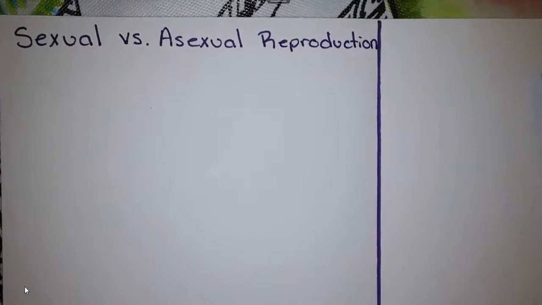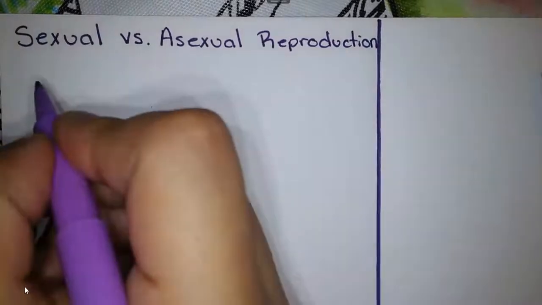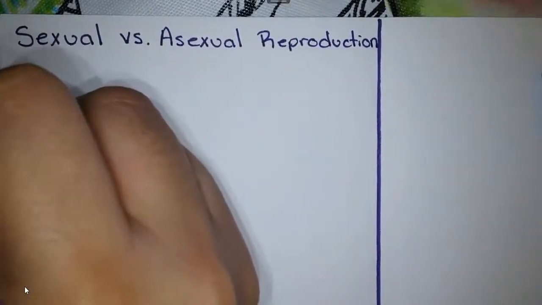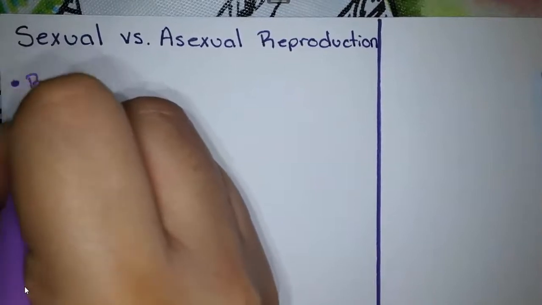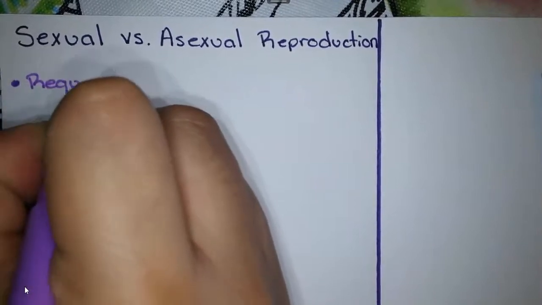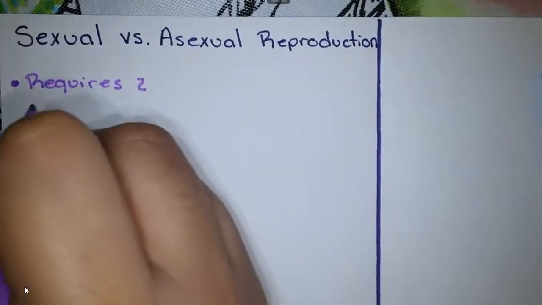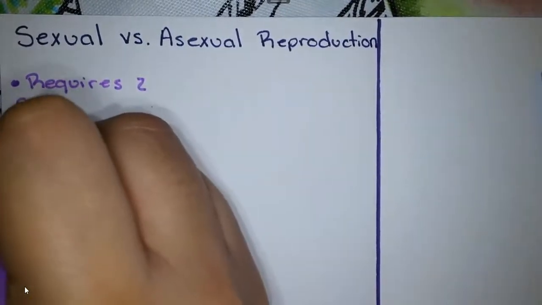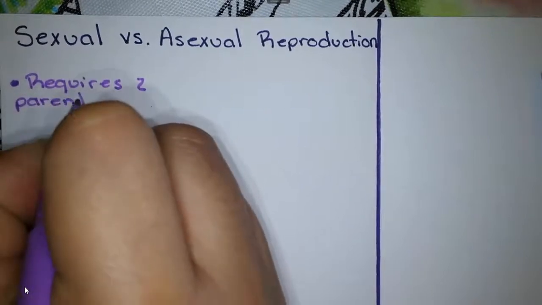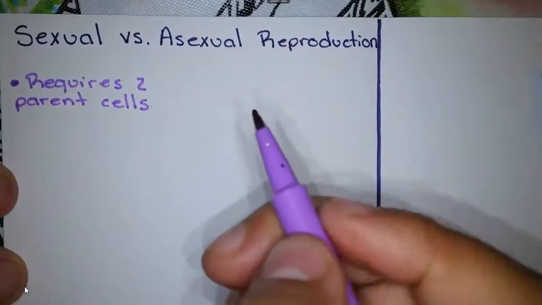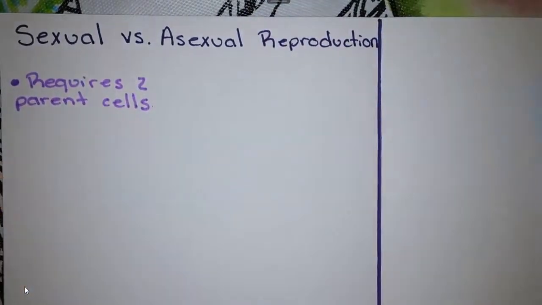Okay, so for sexual, it requires two parent cells. Okay, it requires two parent cells.